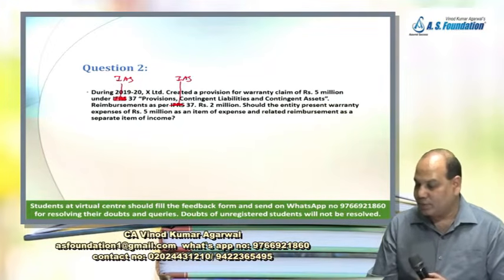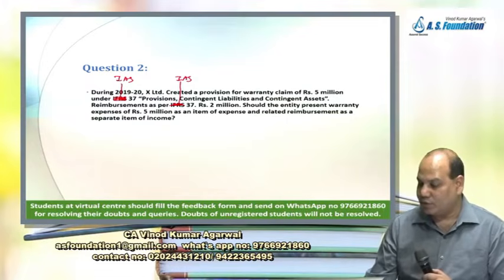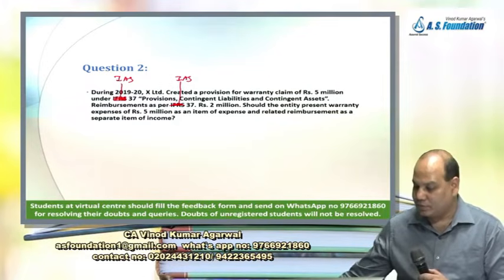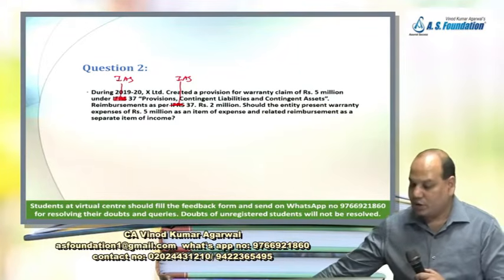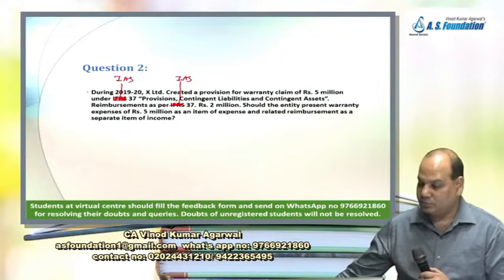Should the entity present warranty expense of rupees 5 million as an item of expense and the related reimbursement as a separate item of income?